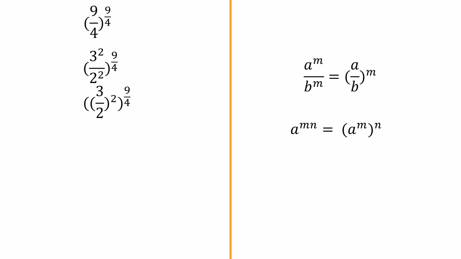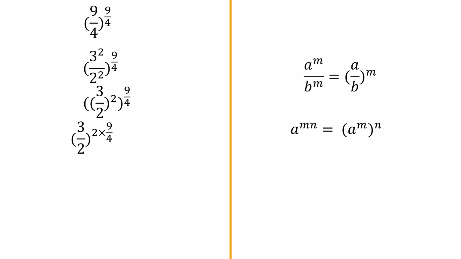And now we know if you have a power to a power, it's the same as multiplying the powers. So you have 3 over 2 to the power 2, all to the power 9 over 4. It's going to be the same as multiplying the powers of 2 and 9 over 4. So we have 3 over 2 raised to the power 2 times 9 over 4, right?